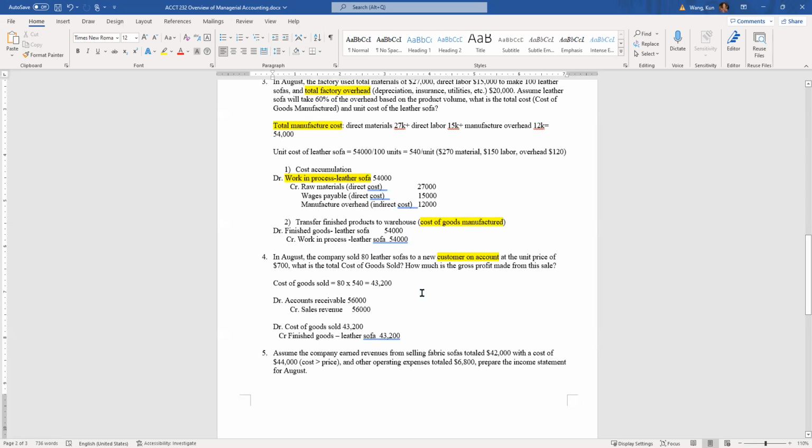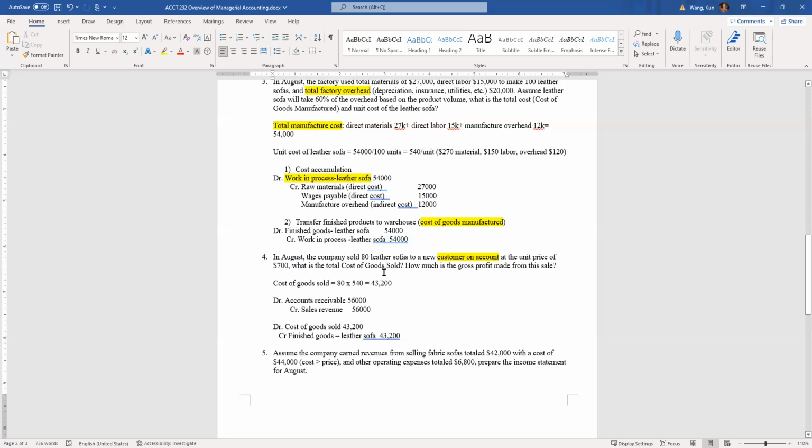And then continuing, number 4. So we completed 100, but sold 80 of the leather sofas to a customer on account. And the unit sales price is $700, so slightly higher than the normal sales price.